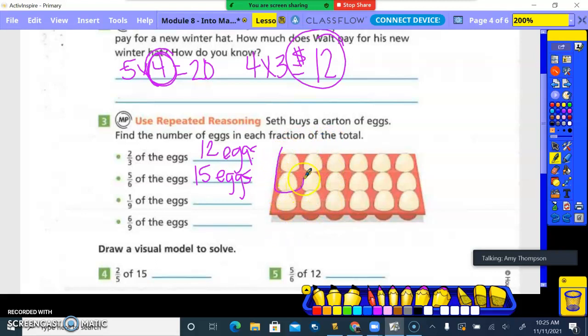So you're going to put 2 in each group. So if I do one of those groups, how many eggs do I have? 2 eggs, right? If I do 6 of those groups, how many eggs do I have? 12.